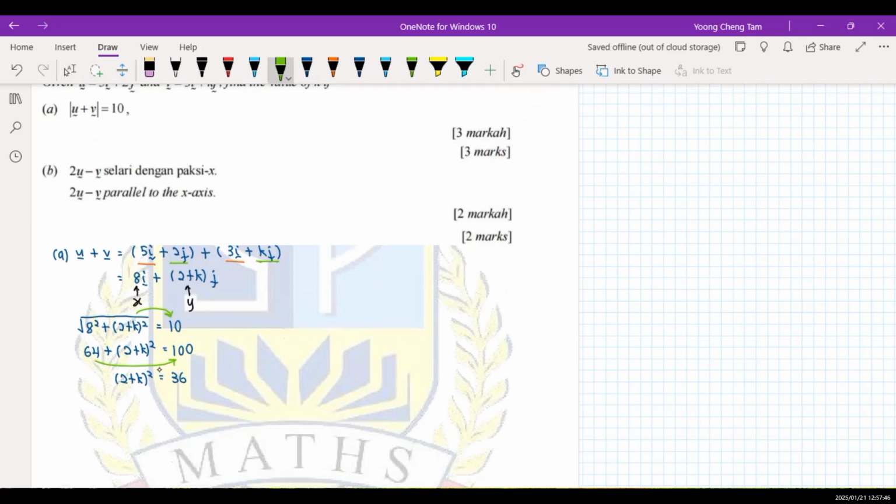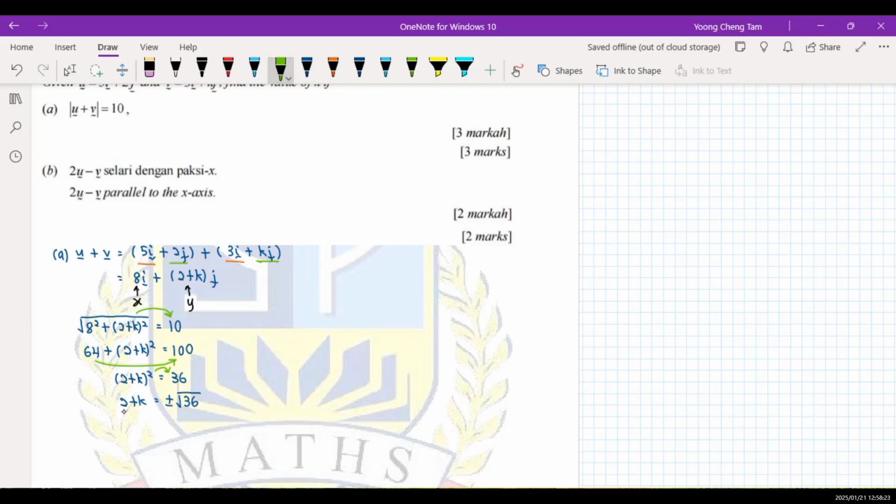Next, move the square to the other side. So 2 plus k equal to, I think everyone knows that when you want to move a square to the other side, you need to put a square root. But now you need to add one more thing. Every time you move the square, you need to put a square root, and one more thing is plus minus. So it will be plus minus square root of 36.